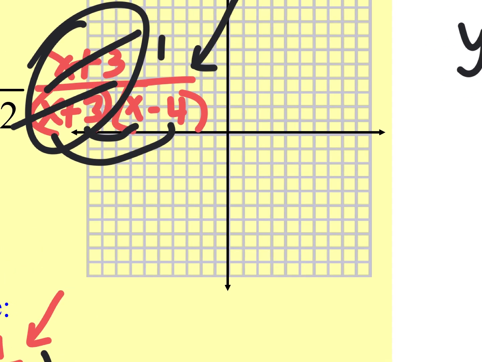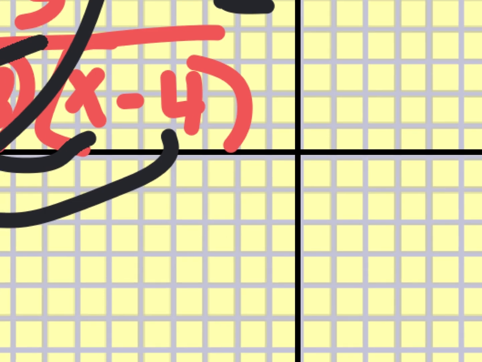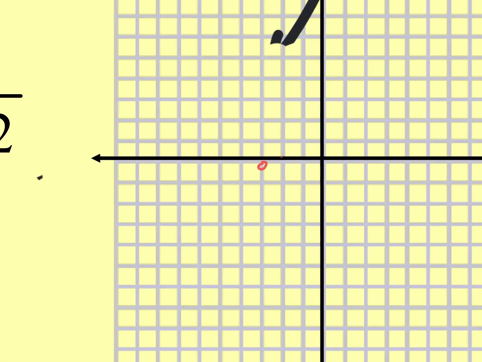Where is that? I'm going to show you. -3, right about there. There's a hole.